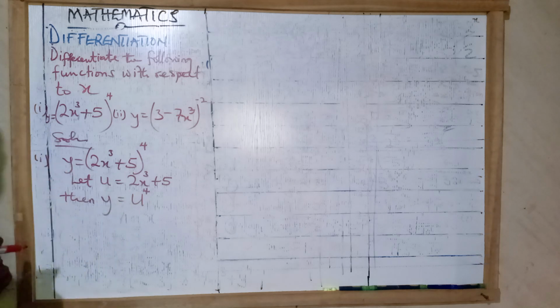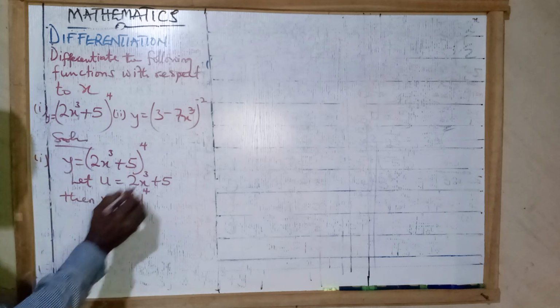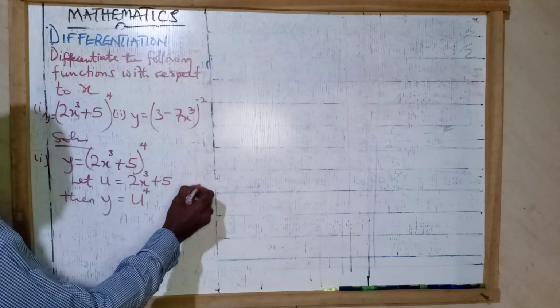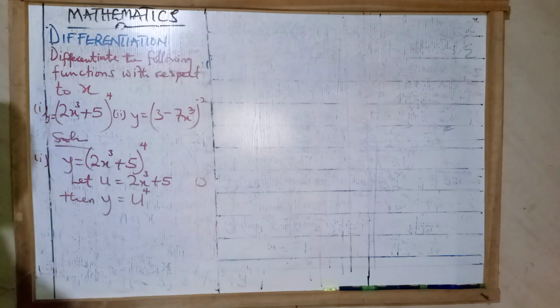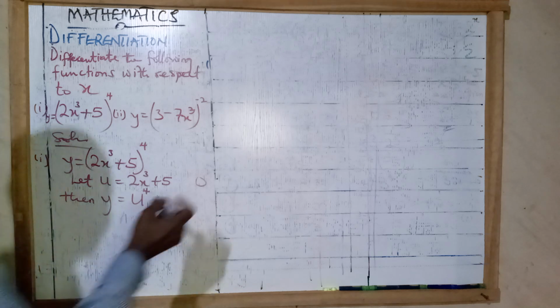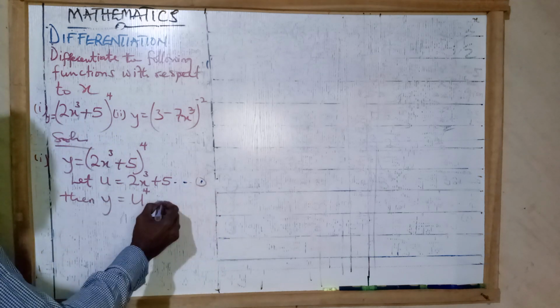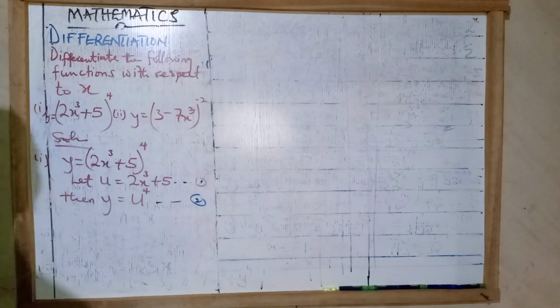That is, we first differentiate u with respect to x, and we also differentiate y with respect to u. Let's say u equals 2x^3 + 5 is equation 1, and y equals u^4 is equation 2.